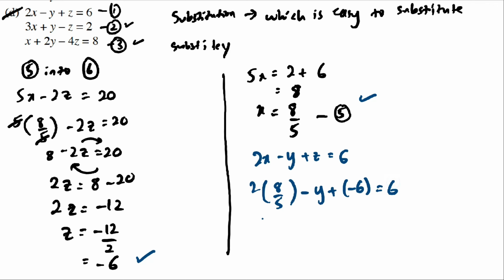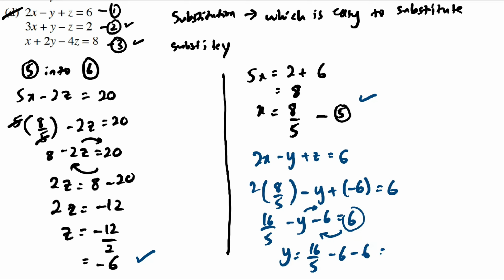So here 2 times 8, 16 over 5, minus y, minus 6 is equal to 6. We want to find y, right? y is going to move to the other side and 16 will move here. Okay, at this side we have 16 over 5 minus 6. And when this 6 enters this area, it will also become negative.